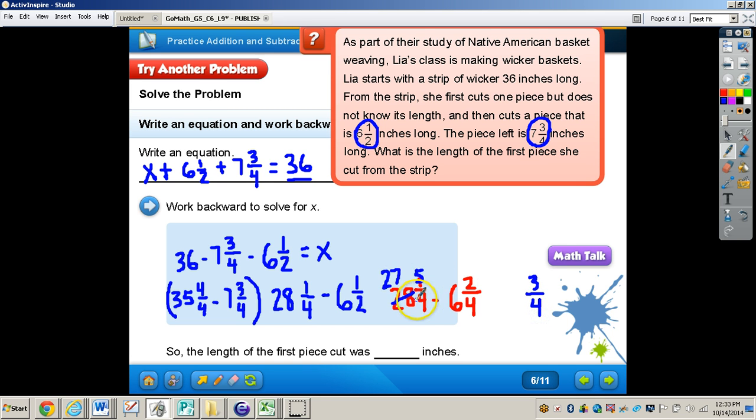Then 27 minus 6 gives me 21, for the answer of 21 3/4 inches. So you can see that I started by adding everything together, and then I worked backwards, starting with my 36 and subtracting, giving us 21 3/4 inches for the length of the first piece cut from the strip.